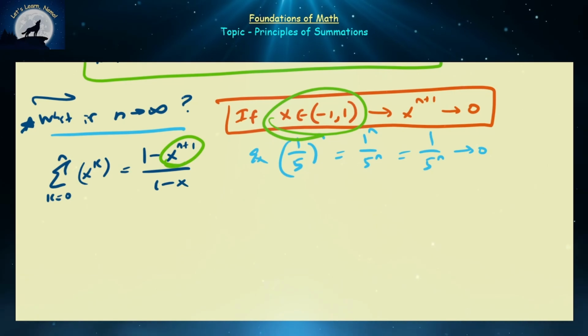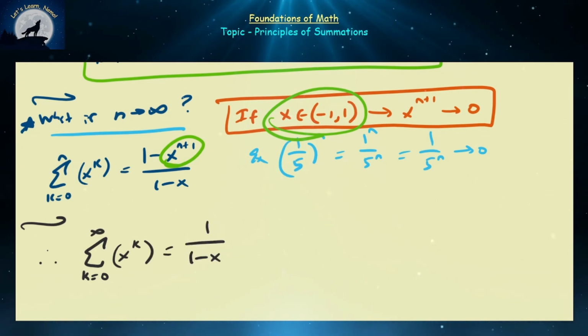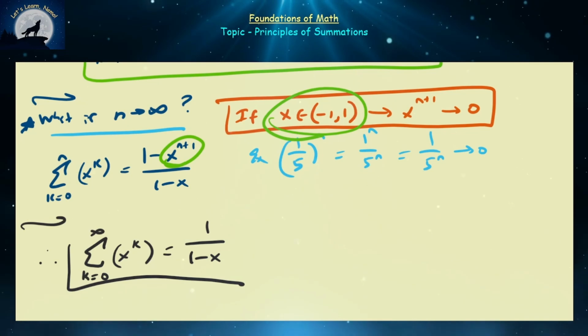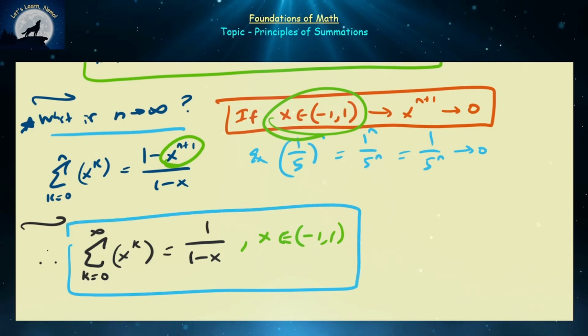So we can generalize this and say that the sum from k equals 0 to infinity of x to the power of k is equal to just 1 minus 0, which is 1, all over 1 minus x. But keep in mind, this is only true provided that x belongs to minus 1 to 1. If it doesn't belong to that particular interval for that common ratio, then this series is what we call divergent.